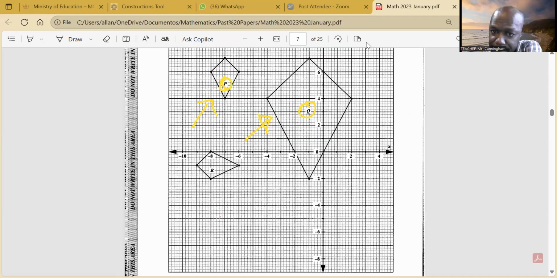Like the difference between the different lines are the same when compared. Yeah, good, but one is larger than the other. That is what I wanted to hear. One is larger than the other one. So we call Q an enlargement.